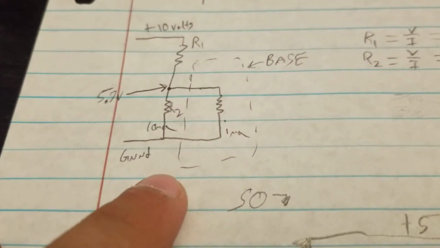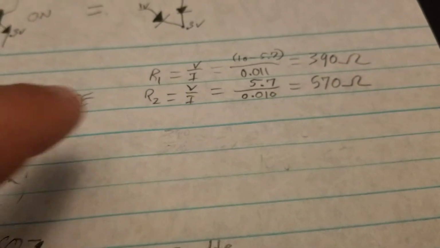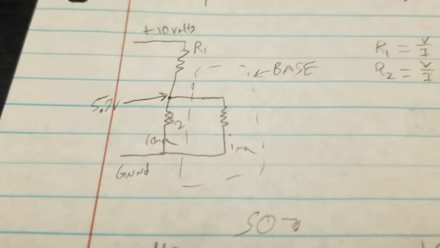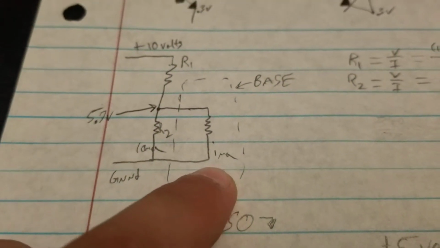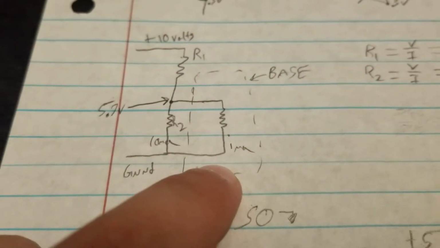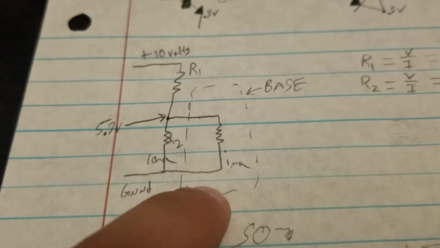Well, that's fine and dandy, but these values only start creeping up in here because I'm using very low currents here. If this was our load, for example, not the base of the transistor, the resistance could vary depending on what the load's doing.